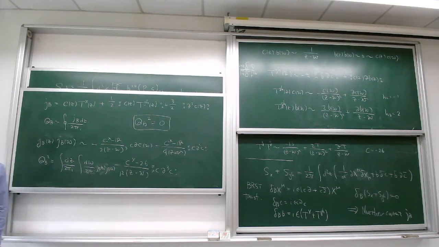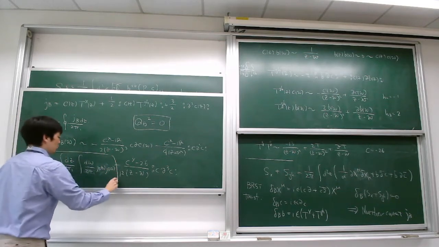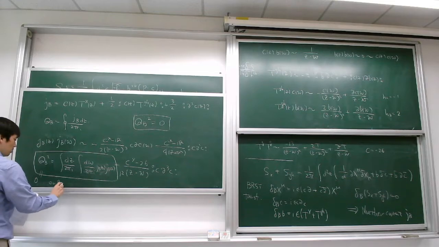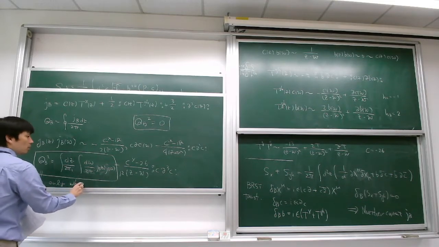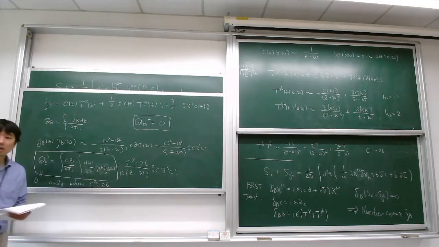Okay? That's what you need to do. And this one is equal to 0 only when this one vanishes. c_X is equal to 26. Okay?